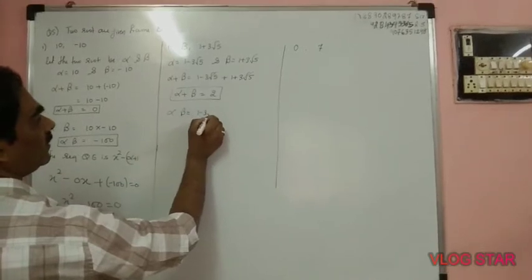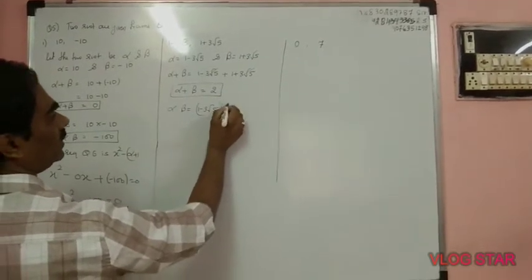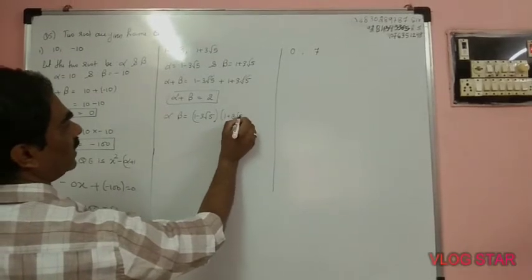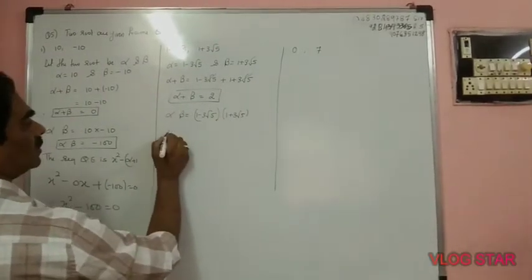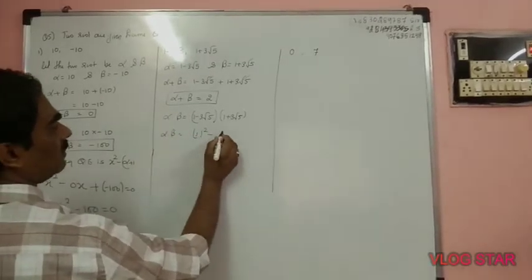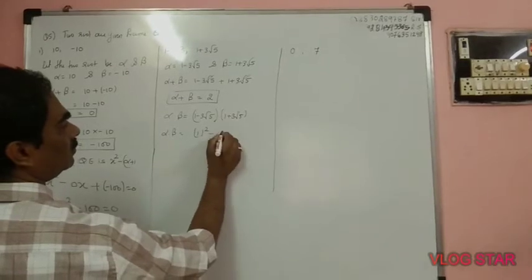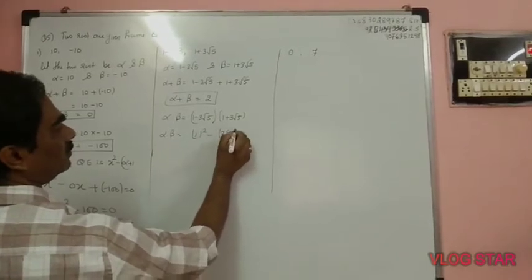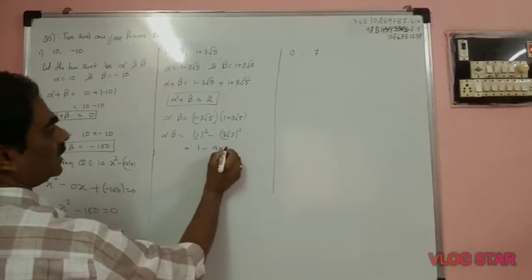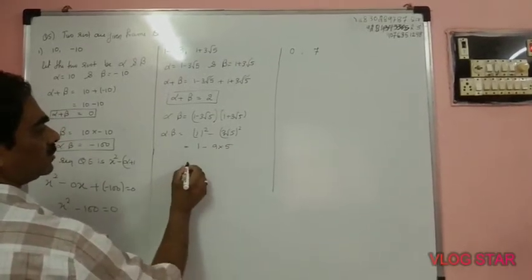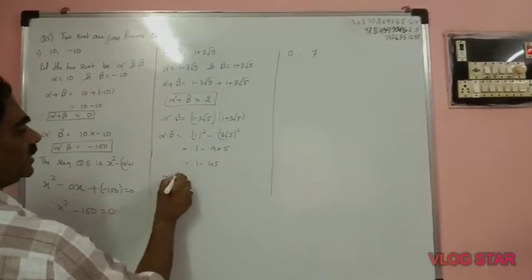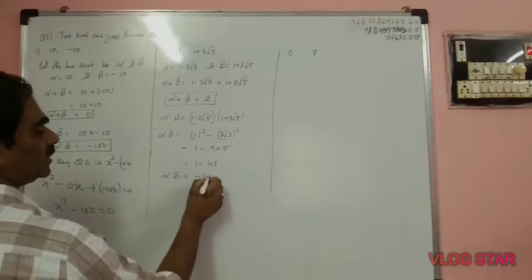Now find alpha into beta. (1 minus 3 root 5) and (1 plus 3 root 5). Correct? So alpha into beta is equal to a square minus b square. 1 square is 1, 3 square is 9 into 5. Correct? So 1 minus 45. So alpha into beta is equal to minus 44.